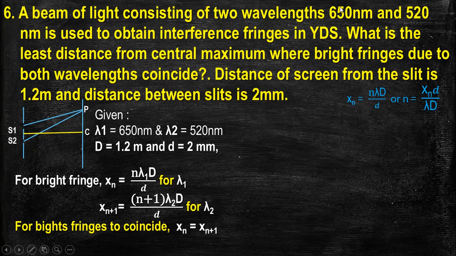If a bright fringe due to 650 nanometer forms here, then a bright fringe due to 520 nanometer light forms at the same point. This means the distance of the nth bright fringe due to 650 and the distance of the n plus 1th bright fringe due to 520, both forming at the same point P, so xn must be equal to xn plus 1. I am equating this.